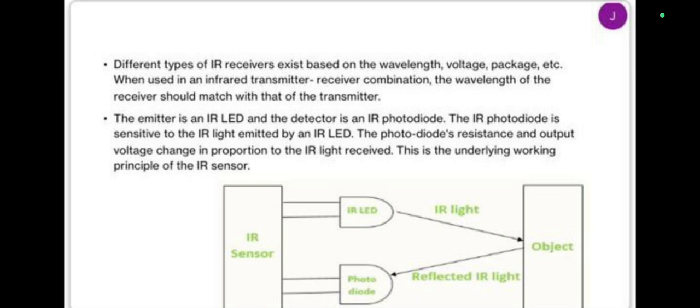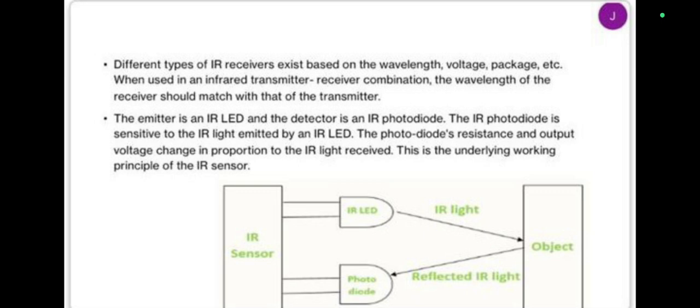Different types of IR receivers exist based on the wavelength, voltage, package, etc. When used in an infrared transmitter-receiver combination, the wavelength of the receiver should match that of the transmitter. The emitter is an IR LED and the detector is an IR photodiode, as we have discussed before.